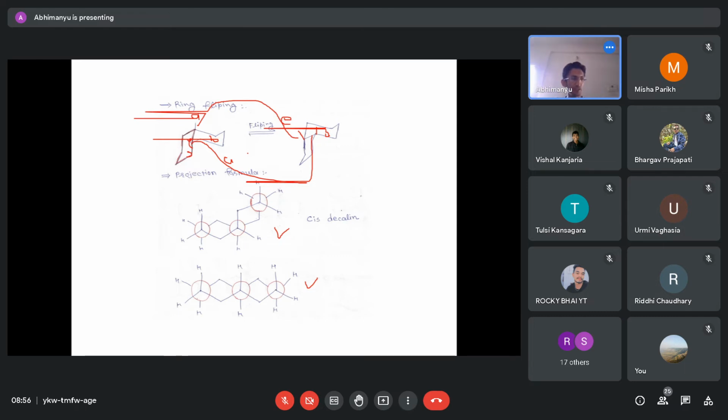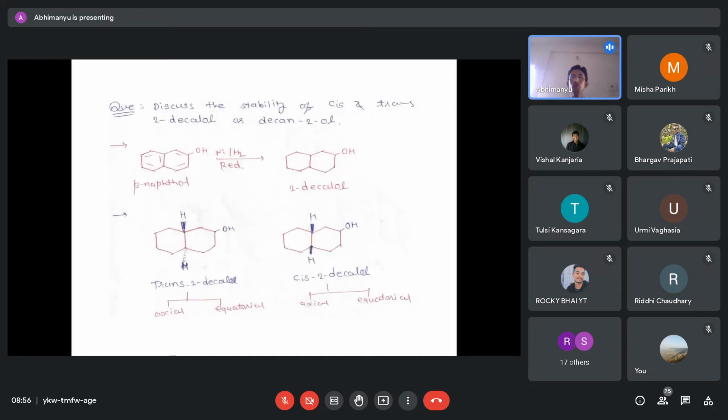Decalins. Non-substituted decalins. But if I add a substituted group, for example, in our case, the substituted group is the OH. Then what happened?